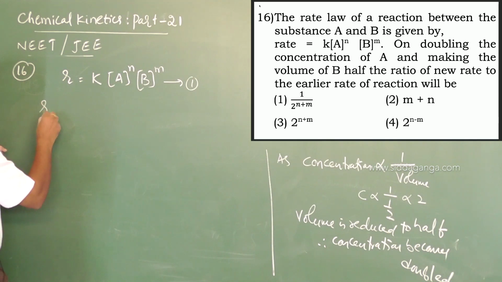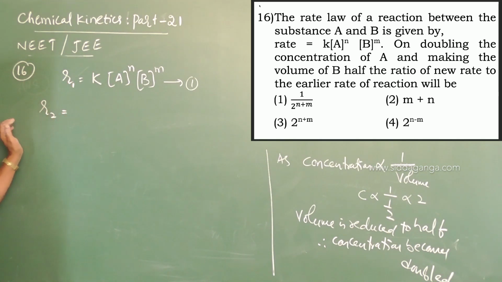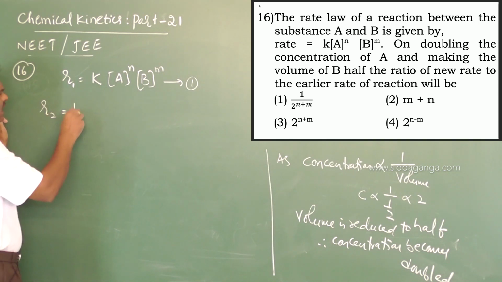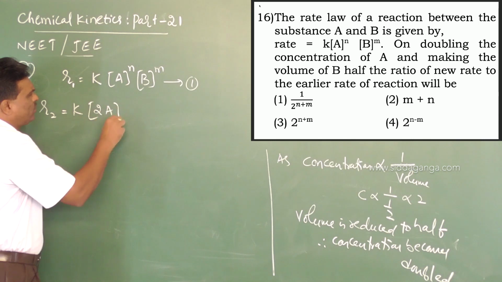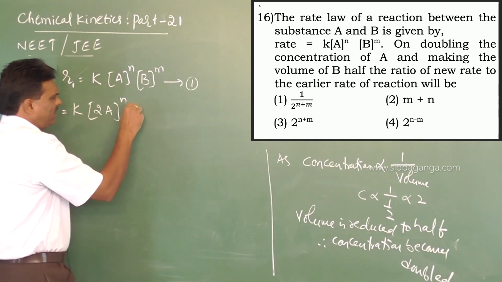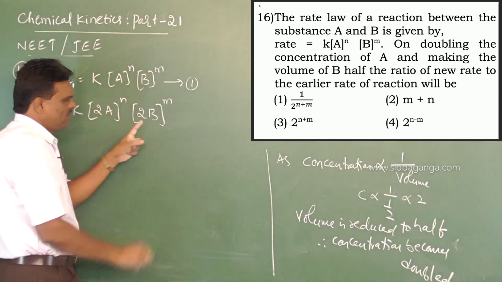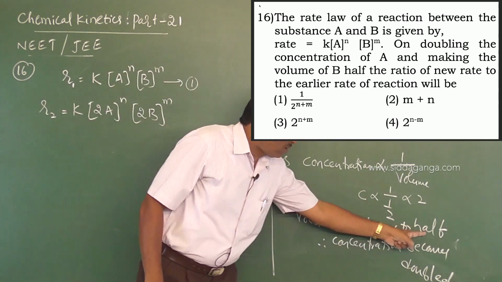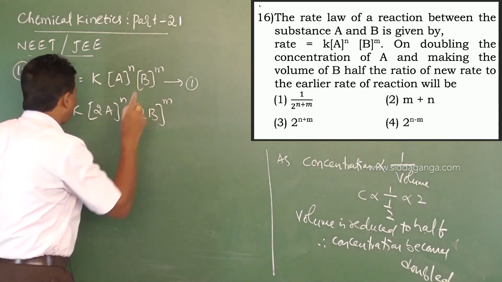Then this is R1, this R2 is equal to K into, so concentration of A is doubled, 2A to the power n, and B is also doubled since volume is reduced to half, concentration becomes doubled, so 2B power m.